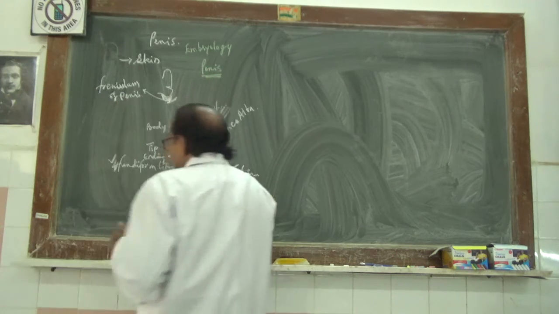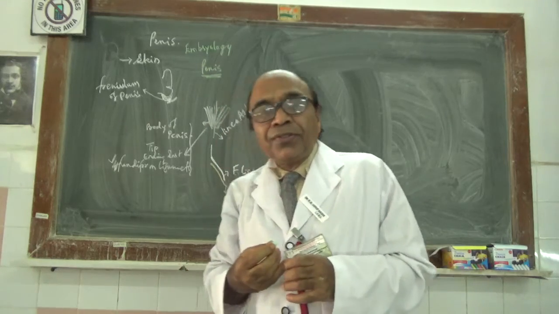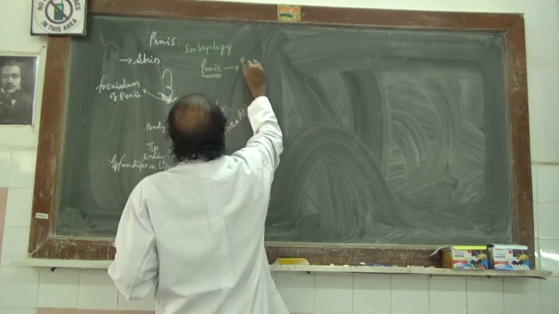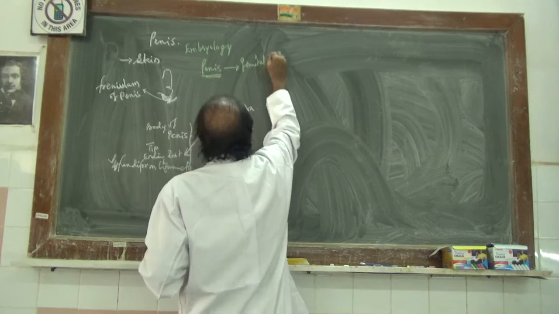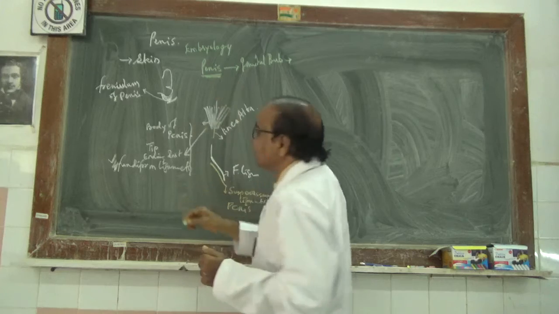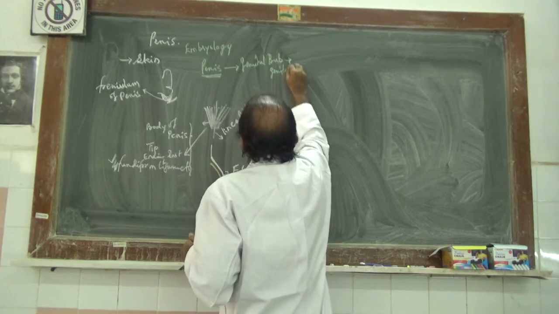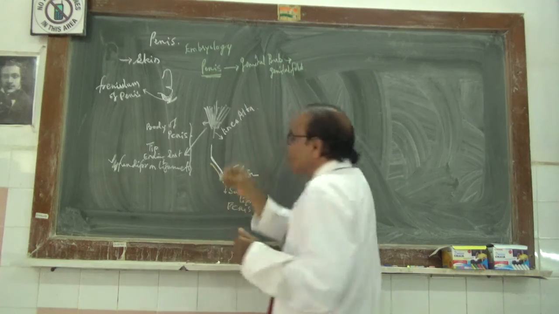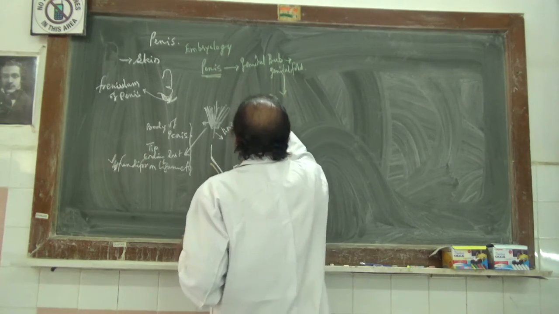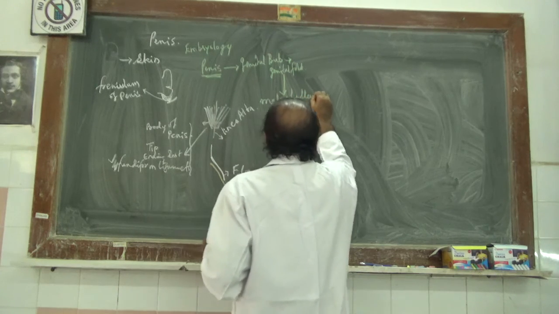The embryology of the penis. The penis develops from the genital bud, which gives rise to the genital fold. Now this genital fold gives rise to what? The male phallus.